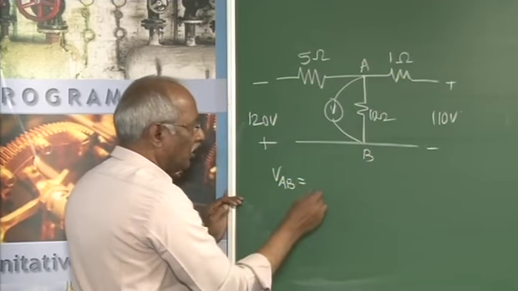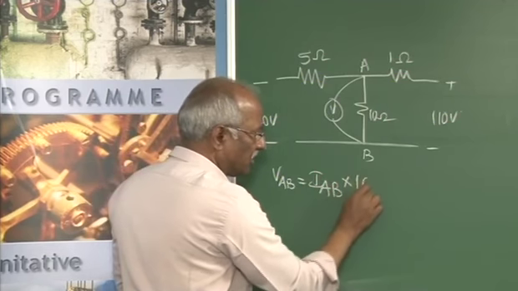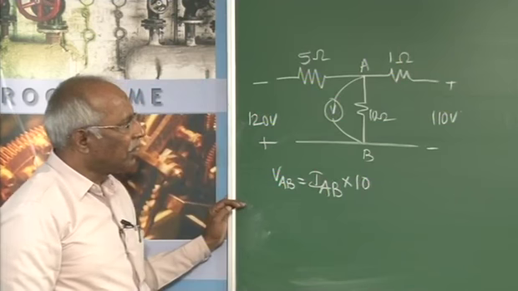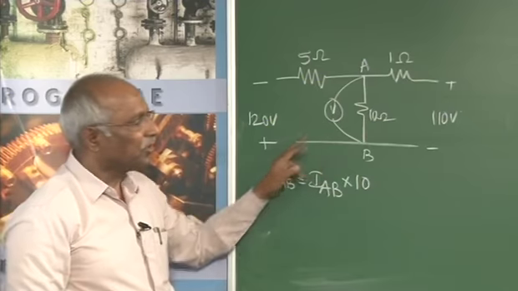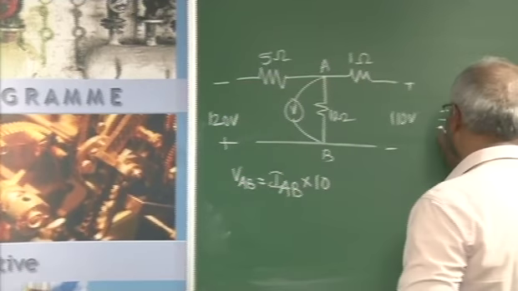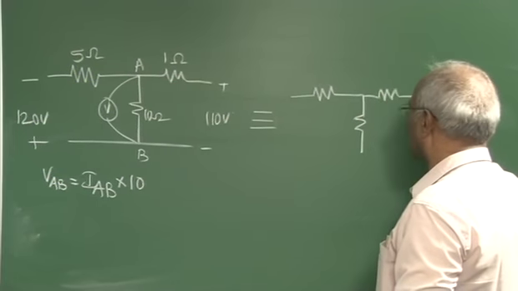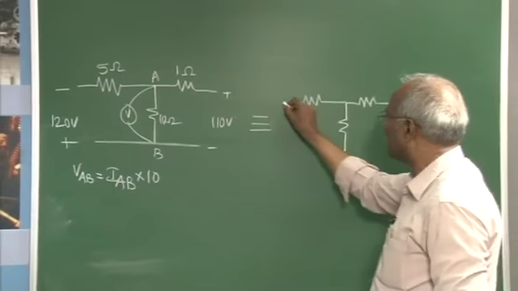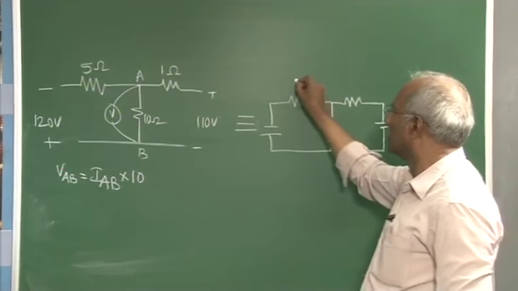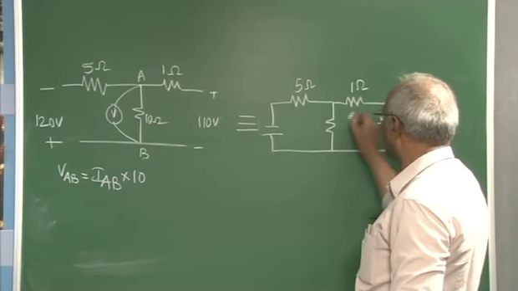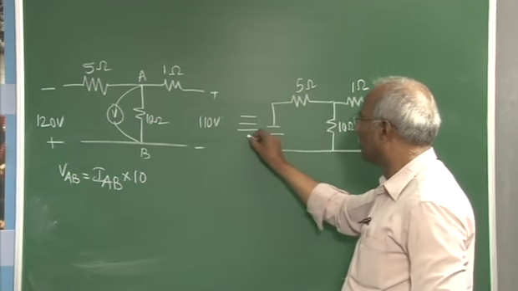will be equal to the current flowing through, that's IAB, into the resistance 10 ohm. What's the current flowing through this 10 ohm? The same circuit can be redrawn like this also. This is 5 ohm, 1 ohm, 10 ohm, this is 110 volts, this is 120 volt.